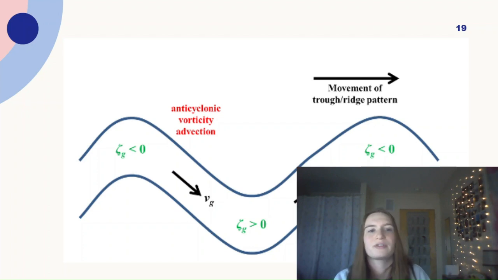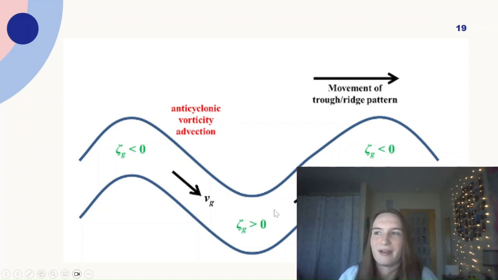So let's talk about this, all right? We've got a ridge trough pattern here. Here's a ridge, here's a trough, here's a ridge. This is an idealized example. Anyway, we have cyclonic vorticity here. So where is cyclonic vorticity advection happening? Not right here. Advection is happening downstream of it.